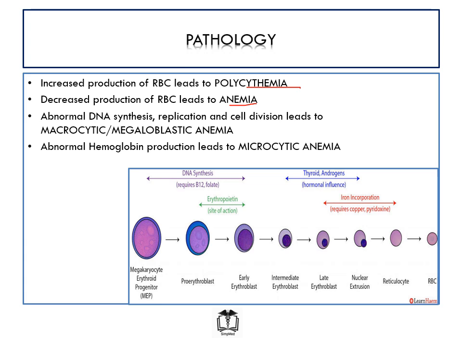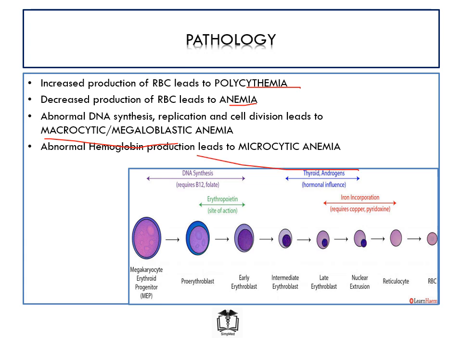And in terms of the finer details of the process, we could have abnormalities in DNA synthesis, replication, and cell division. This could affect production of red cells or the process of erythropoiesis and lead to the formation of what we call macrocytic or megaloblastic anemia. Or we could have problems with the formation of hemoglobin, which will lead to the production of what we call a microcytic anemia.